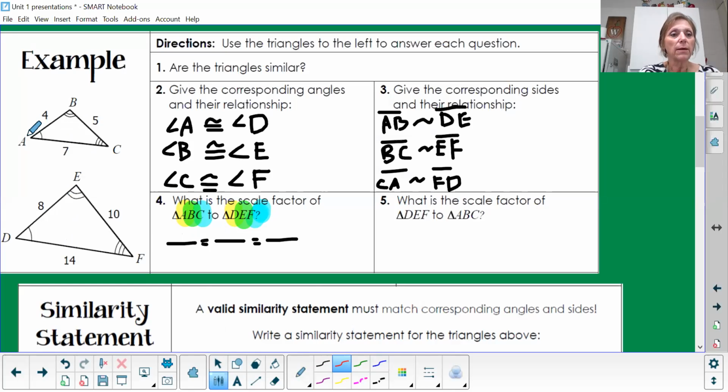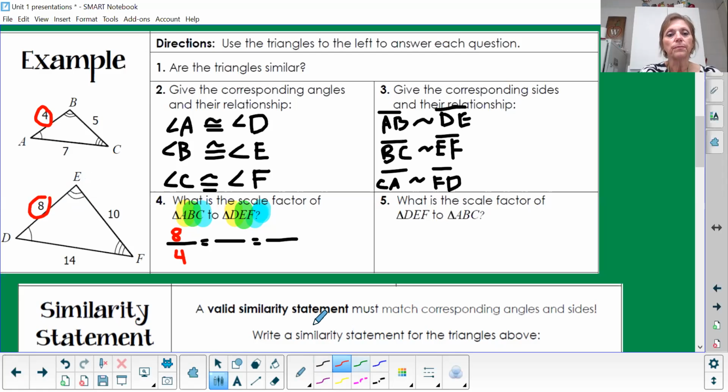Okay, AB, 4. AB goes with DE, so I'm looking for from D to E, so 8 goes on the top. These two are corresponding because of the letters they go to and from.